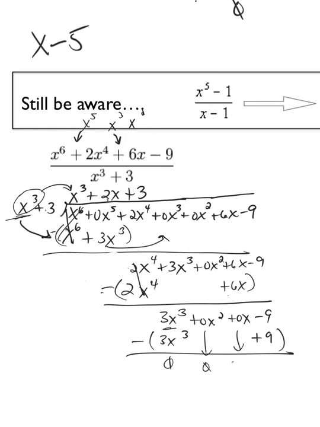There's no x's. The negative 9 minus 9 is negative 18. So I do end up having a remainder. It is negative 18 over x cubed plus 3. This is my answer.